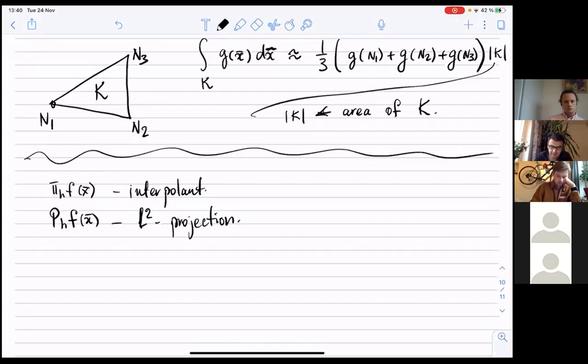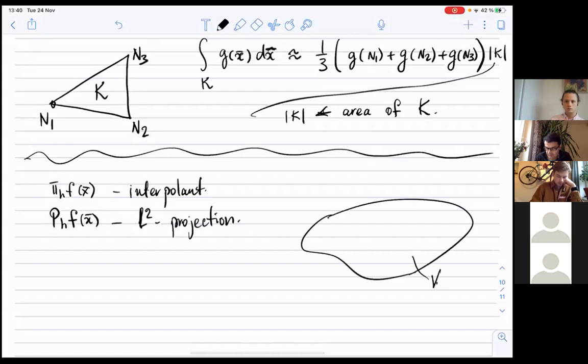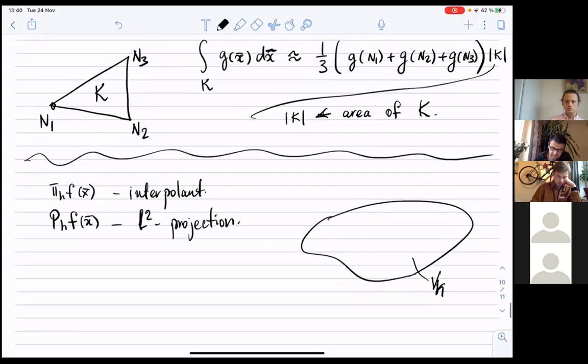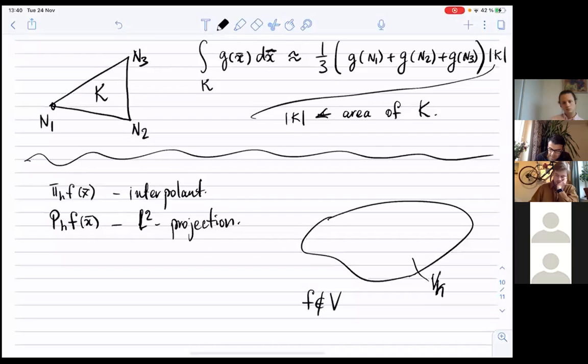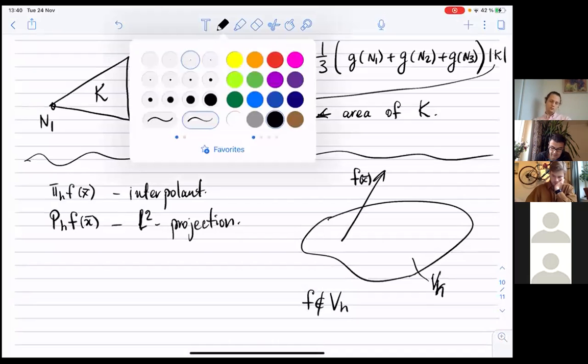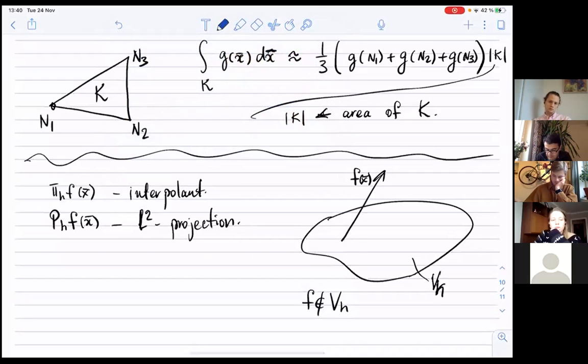The idea was we have this function space V_h, and we use some differentiable function f which is not one of the elements of this space. Of course, it's some kind of vector which doesn't lie in the space. So this is our f of x. The same discussion that we had for the 1D case: we are going to find some element in that space, so we call it P_h f.